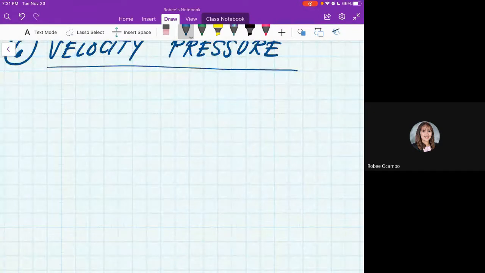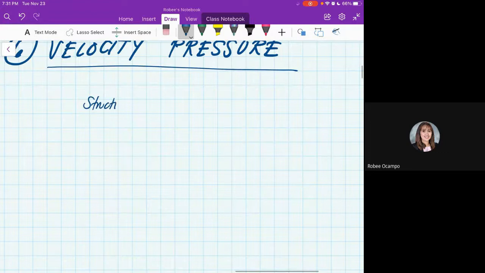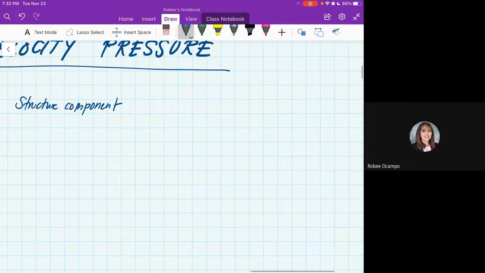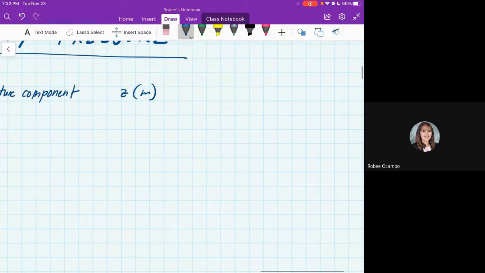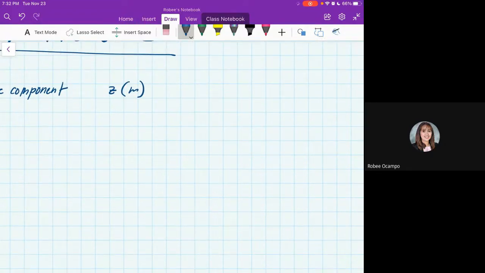This would be for our structure component, our height Z, which is in meters, and of course the value for our KZ.